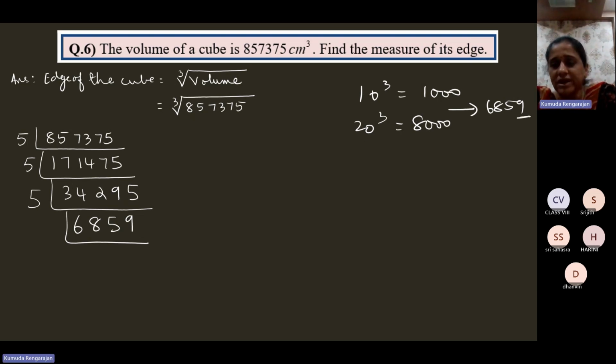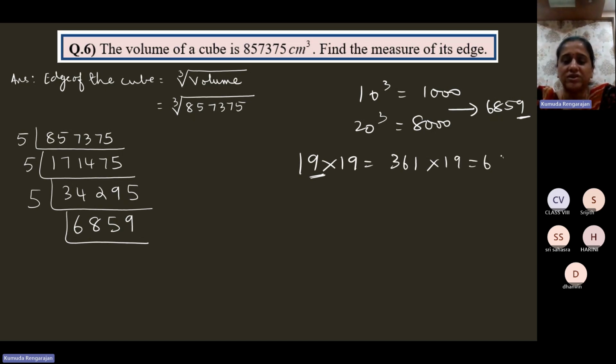And since the number ends with the digit 9, its cube root also will end with the digit 9. Between 10 and 20, 19 is the only number that ends with the digit 9. So it has to be 19 cubed. 19 into 19 is 361, into 19 is 6859.